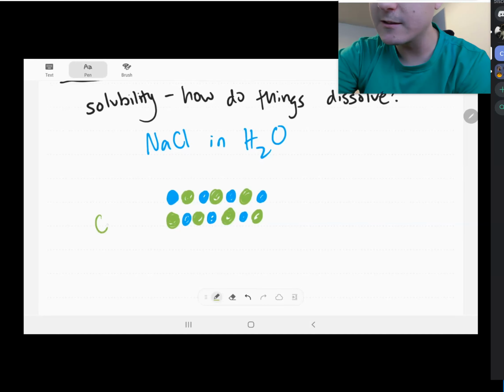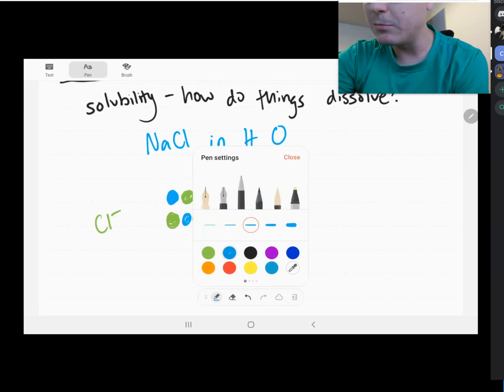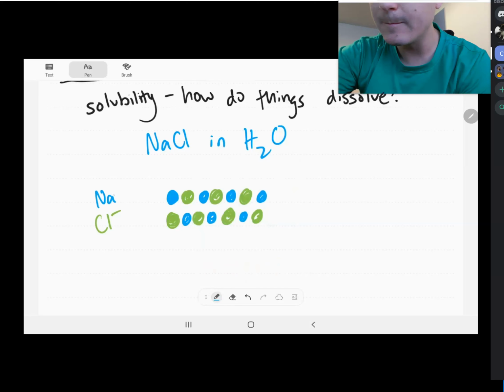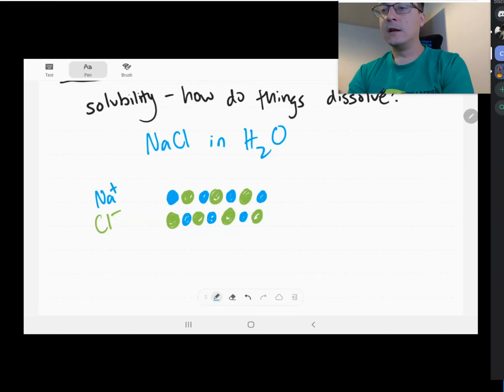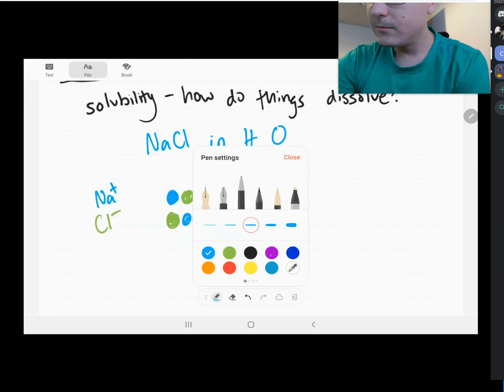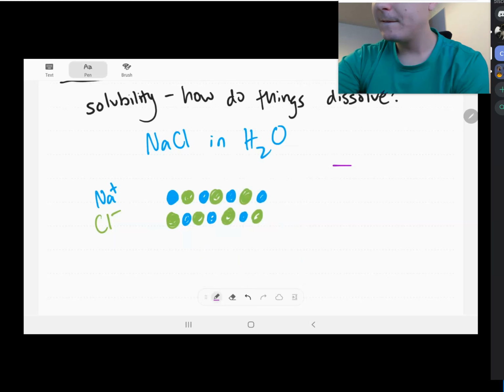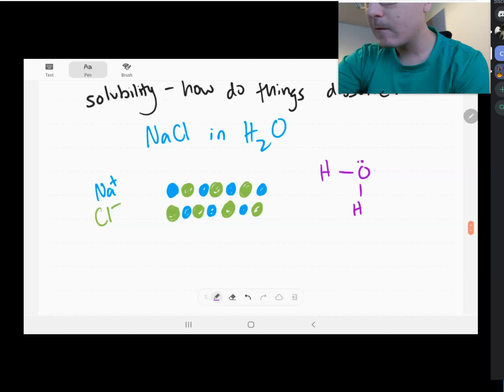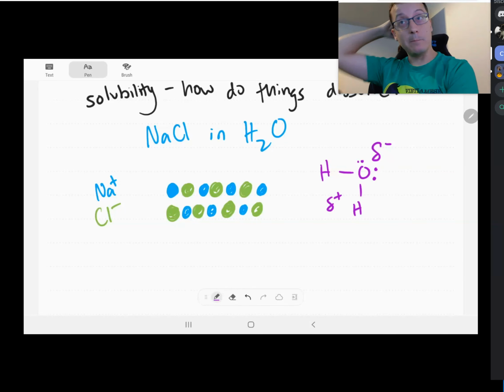Let's say green is chlorine and blue is sodium. But water, as we know, shall be purple. We remember that water is a polar molecule, right?